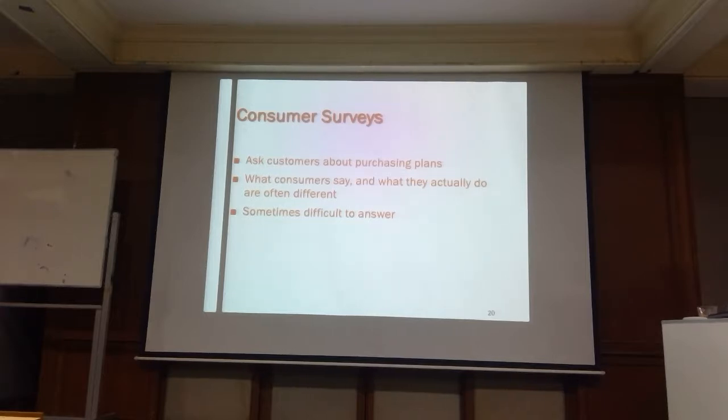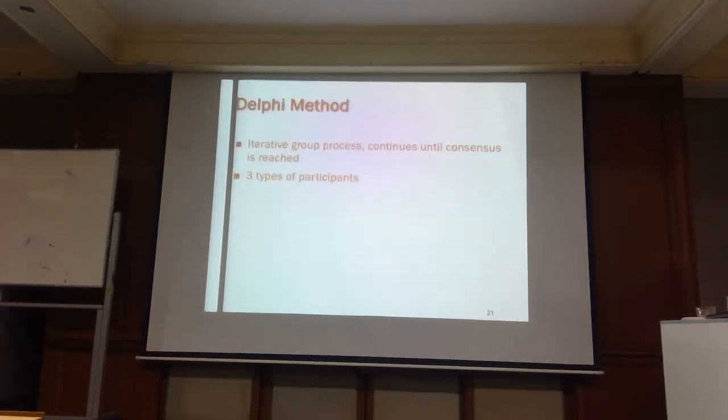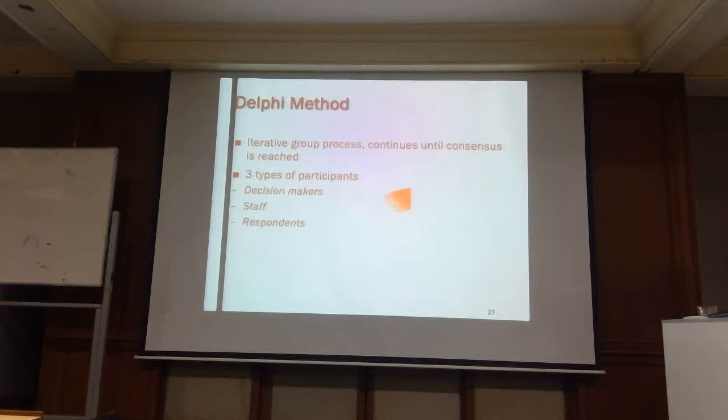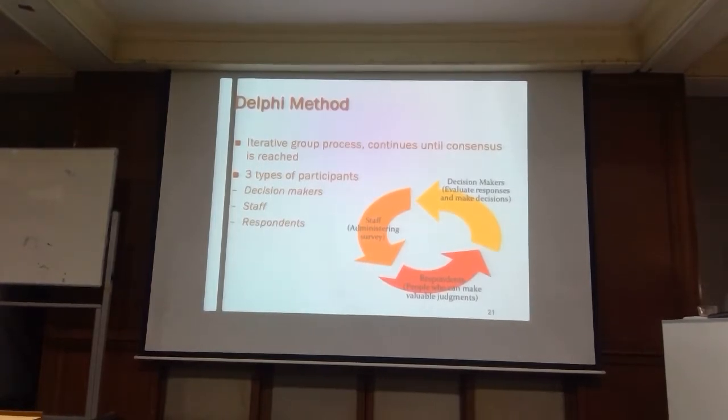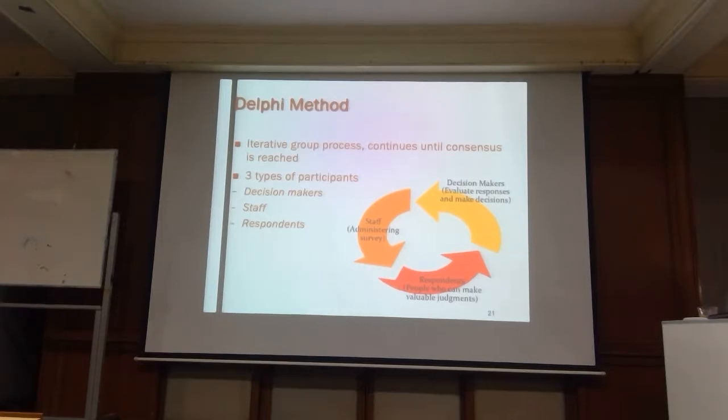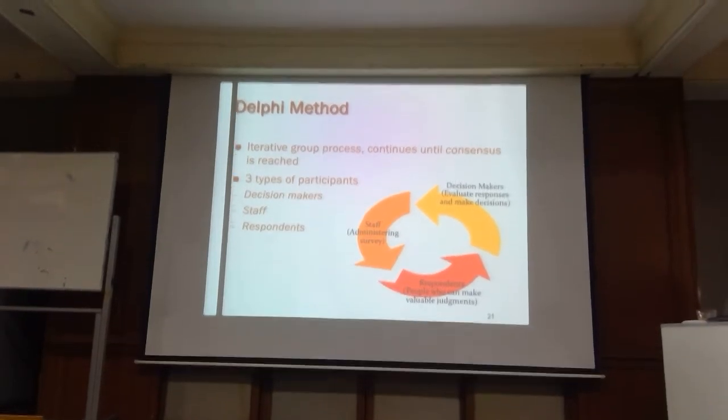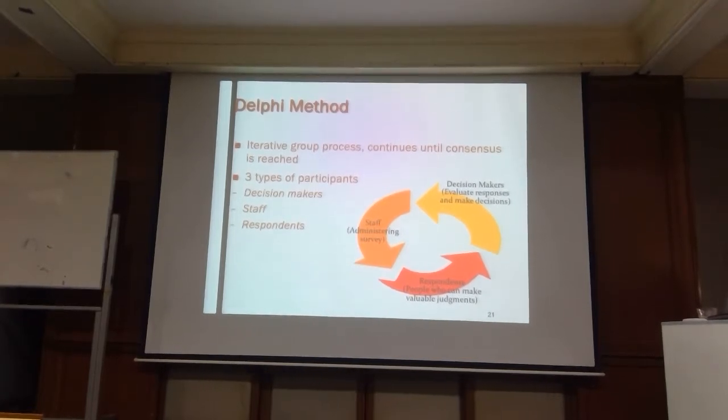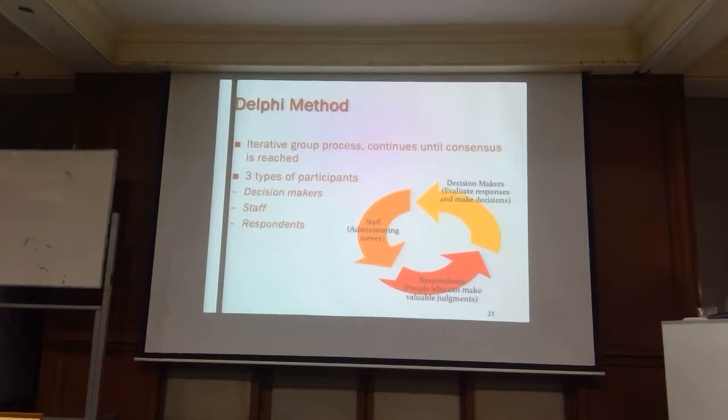So we have another one we call the Delphi method. This method, we call it a consensus method, consists of three targeted participants. Staff start by constructing the survey, and the respondents are the group of people who you think can make a valuable judgment for you.